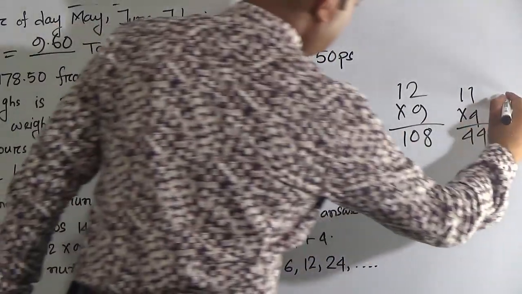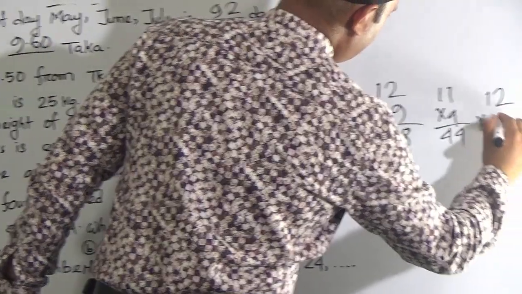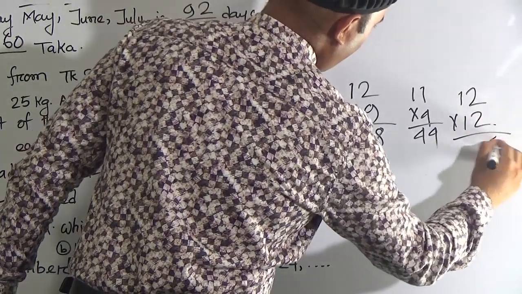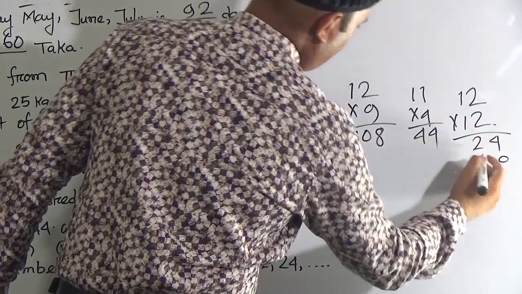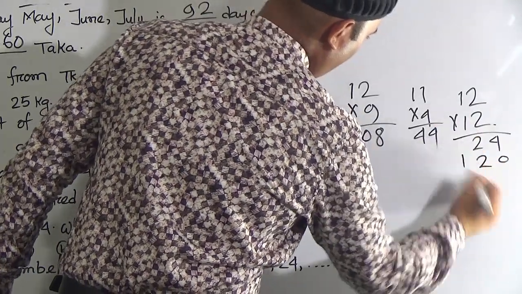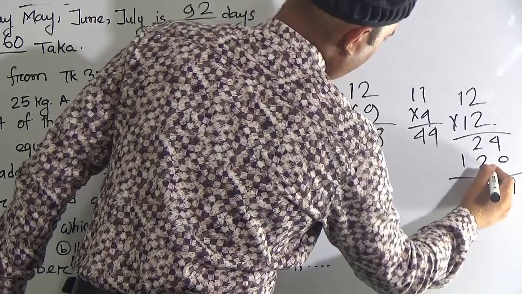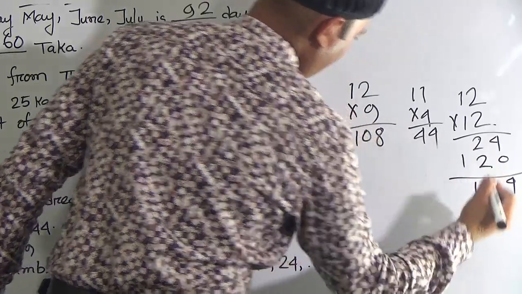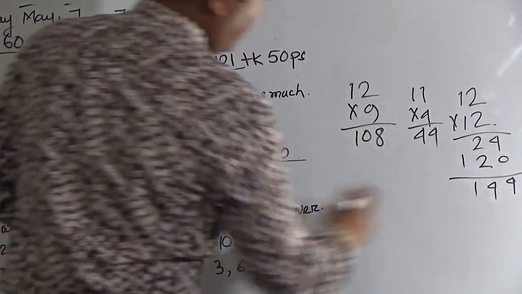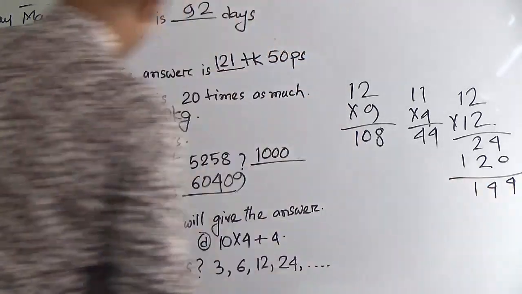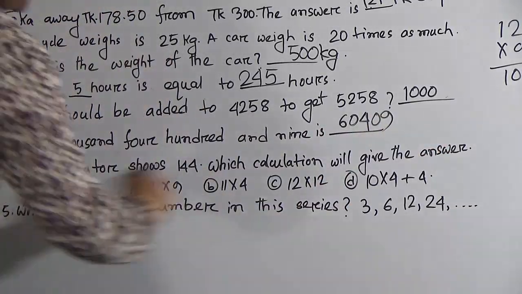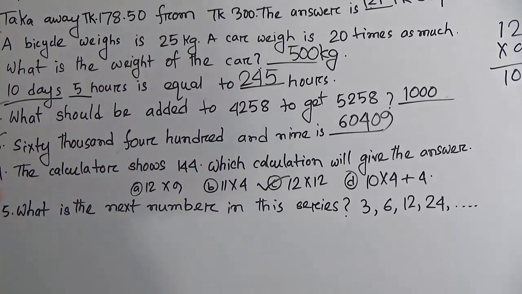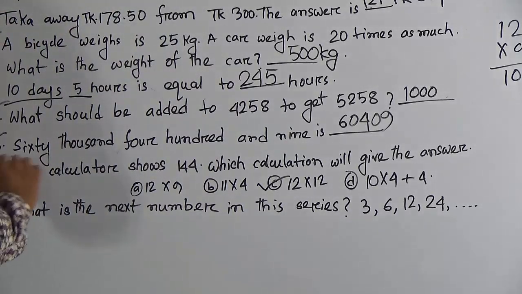Option C is 12 multiplied by 12. 2 twos are 4 and 2 ones are 2. Skip the ones place. 2 ones are 2 and 1 one is 1. Here is 4. So here is 144. So the calculator shows 144. Which calculation will give the answer? It will be option C. Hope you understood this one.